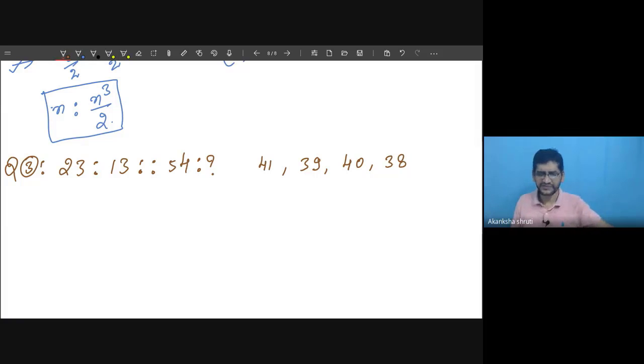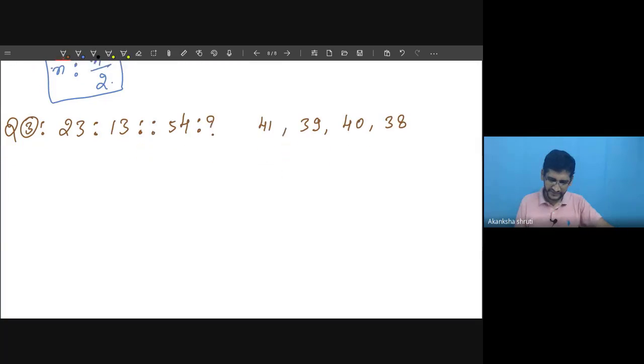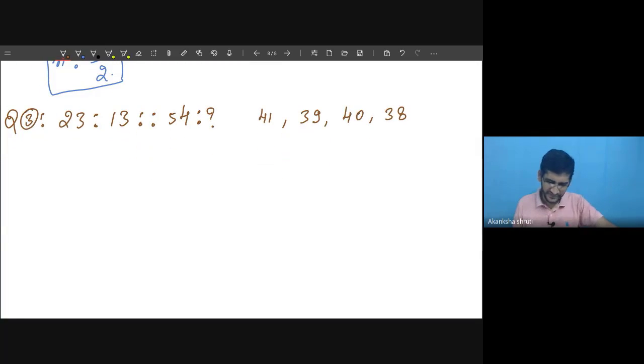Okay? Tell me quickly, what is the relation? If we just take the difference, that is the very first thing. It is like minus 10. Subtracting 10 itself gives us 44, but it is not in the options, so it is rejected.